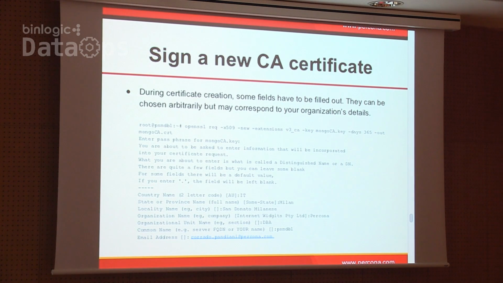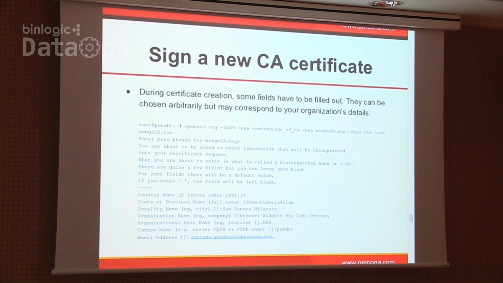Then, after creating the certificate, I need to create all the keys, all the certificates for each node. So in each node, I need to issue this kind of command, enter all the details, and please remember that when you are asked to enter the common name, this must be the same as the host name of the node.